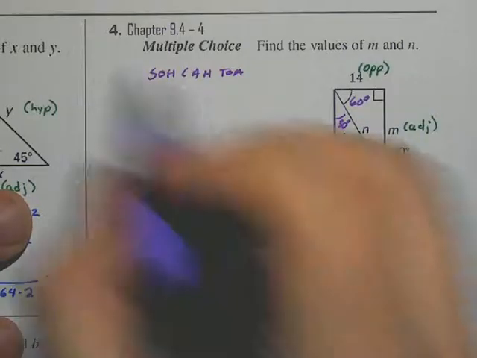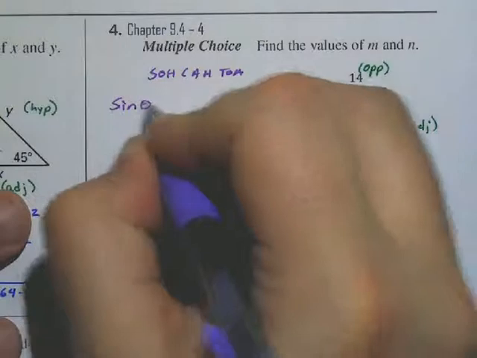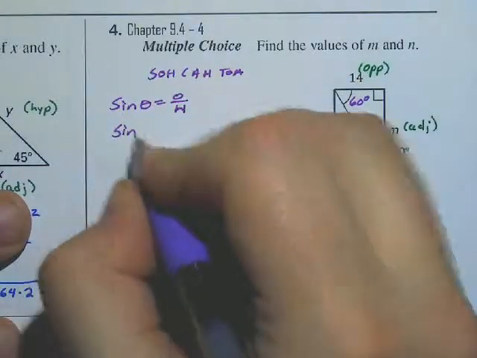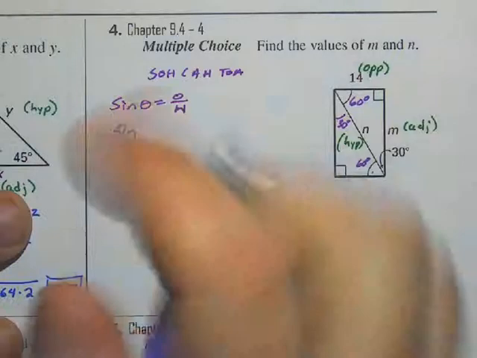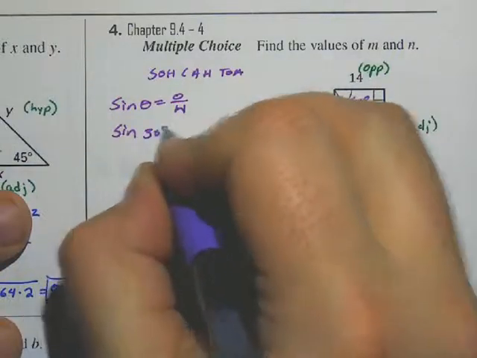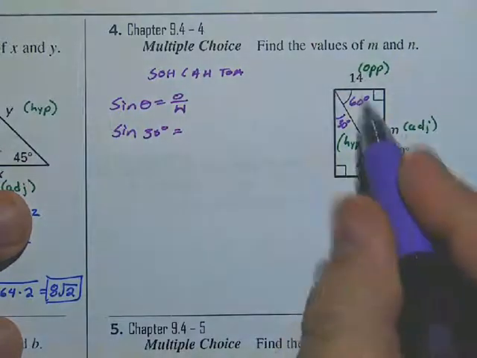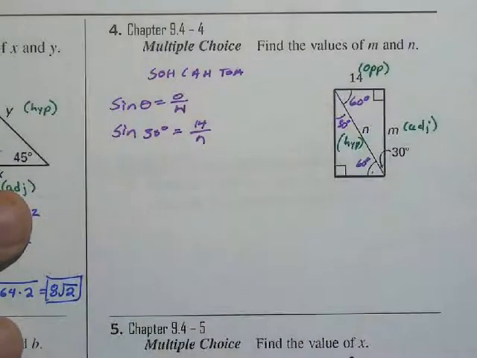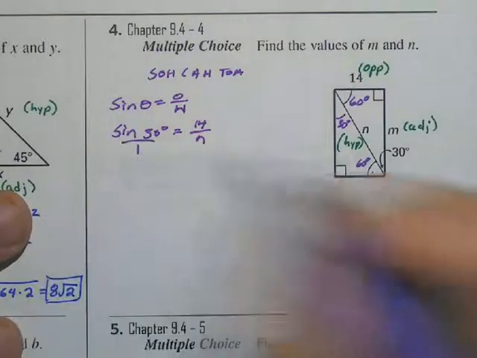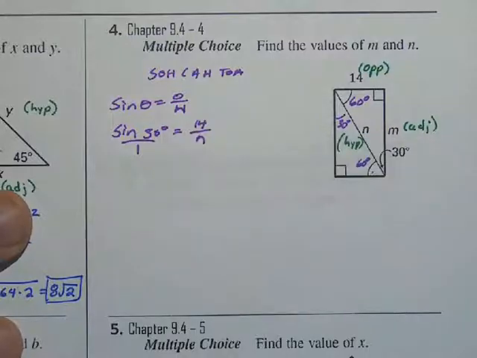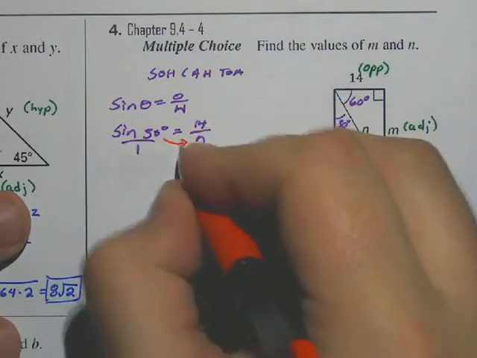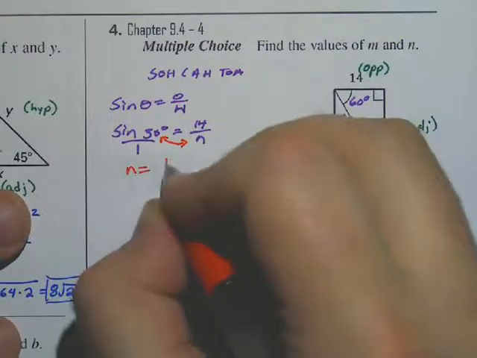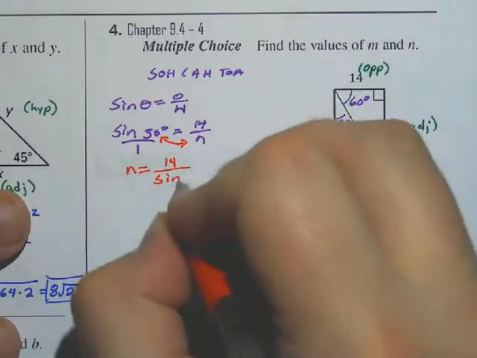So sine theta equals opposite over hypotenuse, and so sine of, in this case, 30 degrees we're looking at. Sine 30 degrees equals opposite. Opposite 30 was 14. Hypotenuse was N. Okay, setting up my proportions, we've learned a little fancy trick that these two right here can pretty much swap, and I'm going to get N equals 14 over sine 30 degrees.